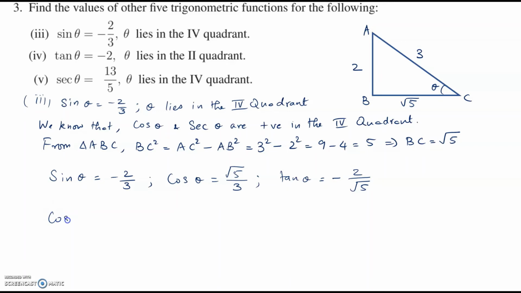Now the reciprocal trigonometric functions, so cosecant theta would be equal to -3/2. Similarly, secant theta will be equal to, it's positive, 3/root 5, and our cot theta will be equal to -root 5/2.